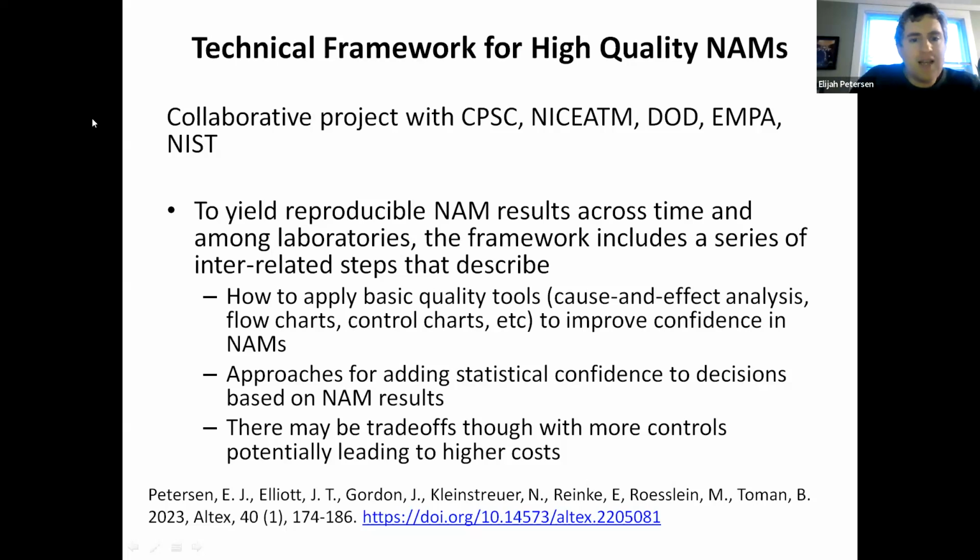I won't have a chance to get into that today, given the time limitations. And it should be noted that an infinite number of controls is not the best way to go. There could be decreased throughput or higher cost for more controls. So it's important to capture the things that really matter, but there are trade-offs if you have more than is needed. And that's part of where the consensus discussion process comes from.